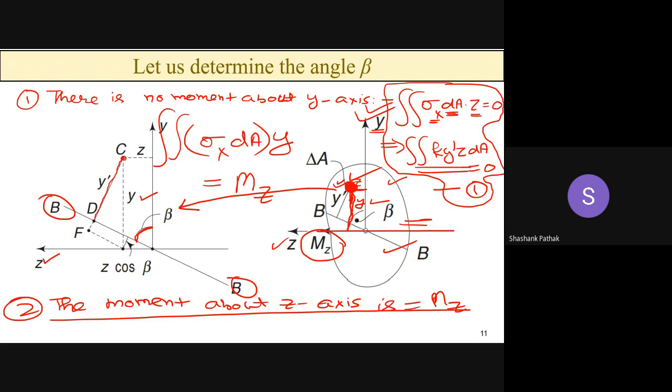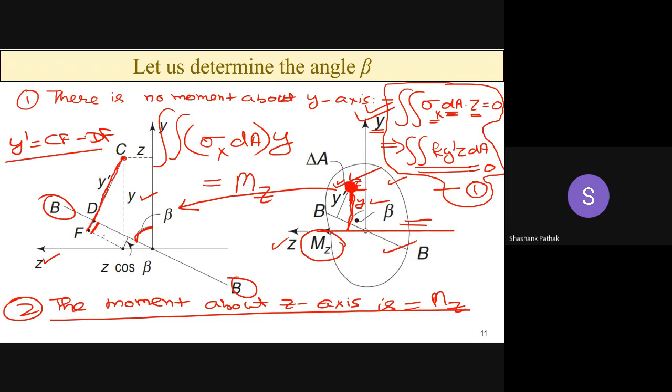Now you can very easily write y prime as CF minus DF. That is your y prime.